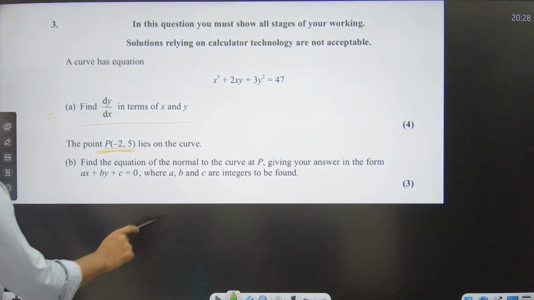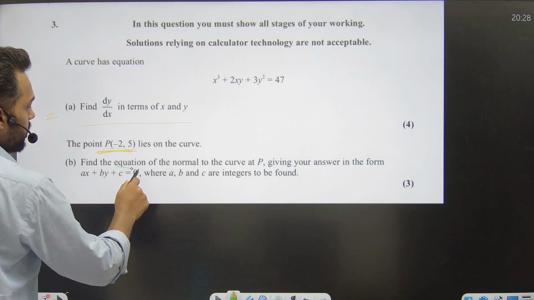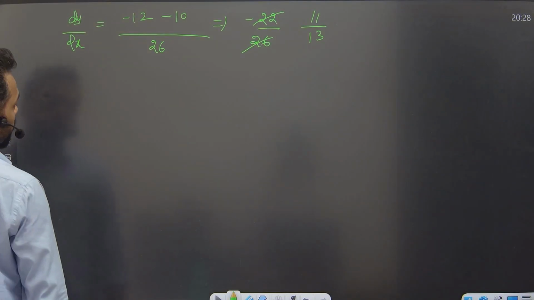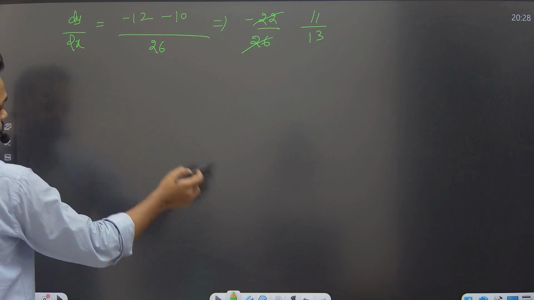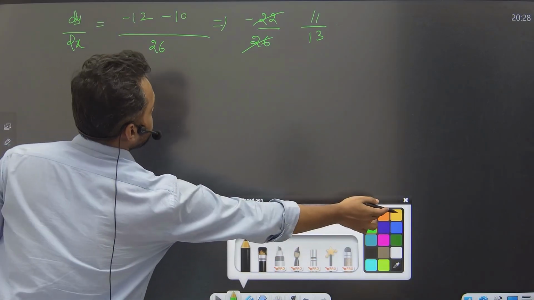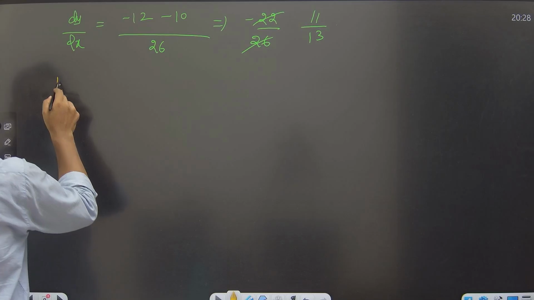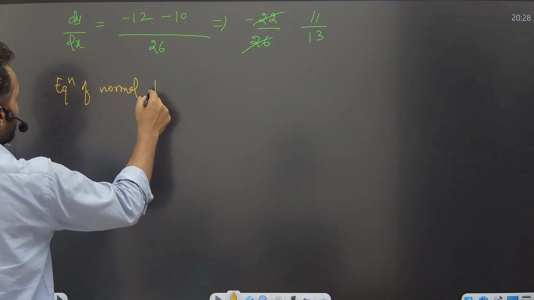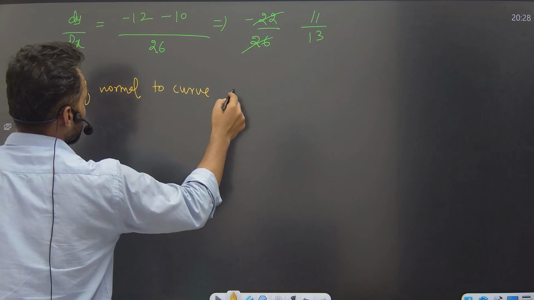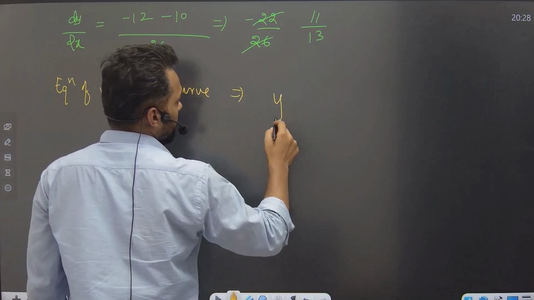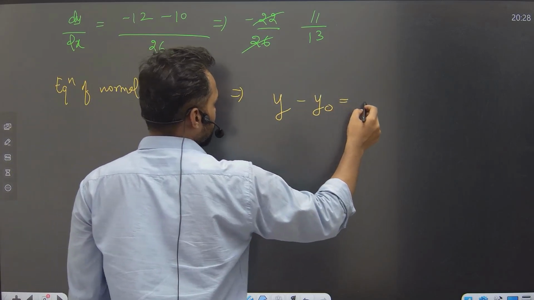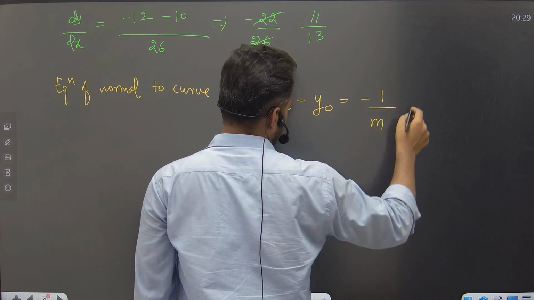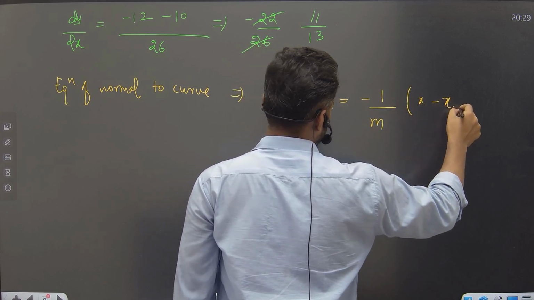Now in the question they have asked to find the equation of the normal to the curve at P. What is the equation of the normal, students? The equation of the normal to any curve is given by y minus y naught equals minus 1 by m times x minus x naught.